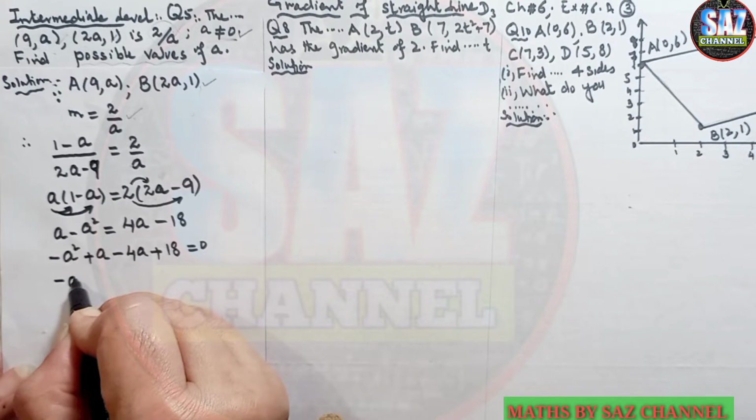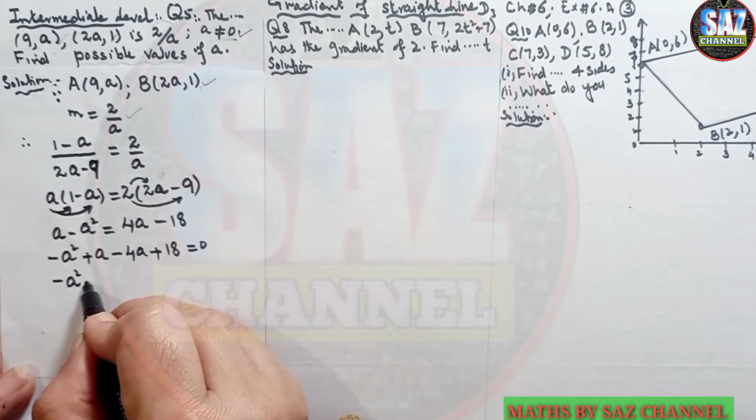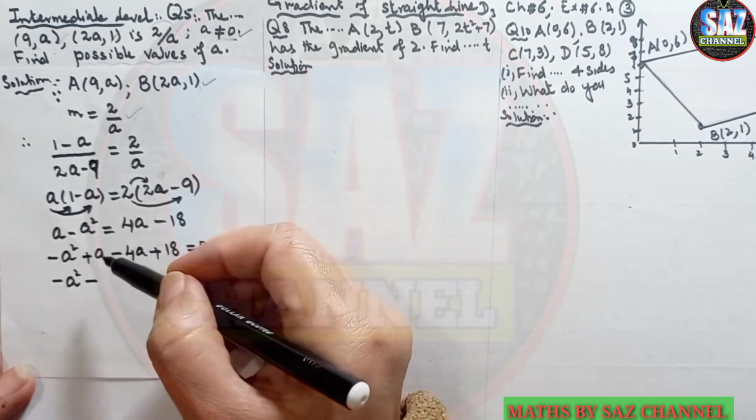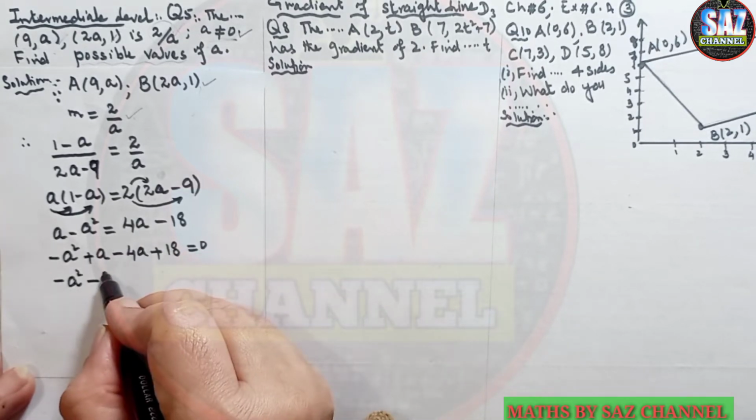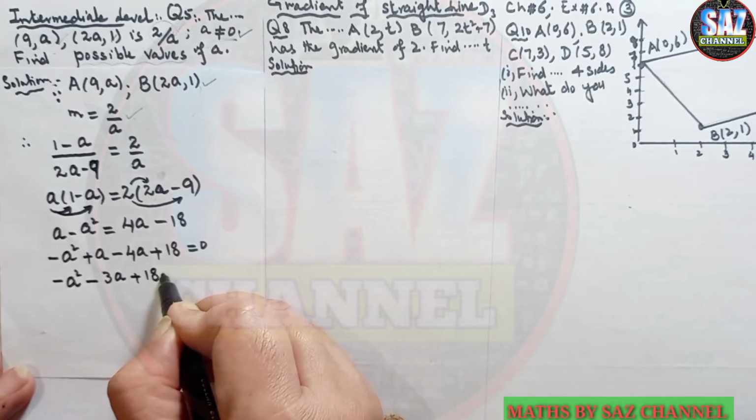Now minus a square and 4a and a, I have to solve them. 4 is having the minus sign, so minus 3a plus 18 equals 0.